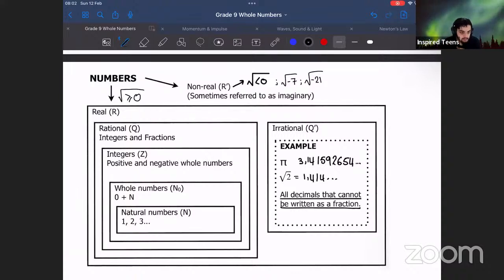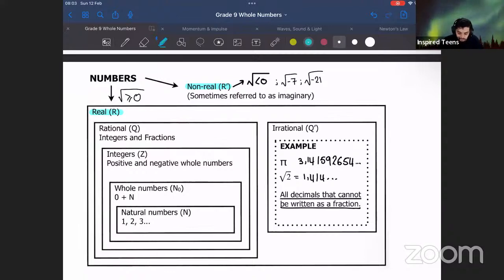A real number is basically whenever we have a number inside of a root that's greater than or equal to 0. So non-real: inside of a root less than 0; real: inside of a root greater than or equal to 0.